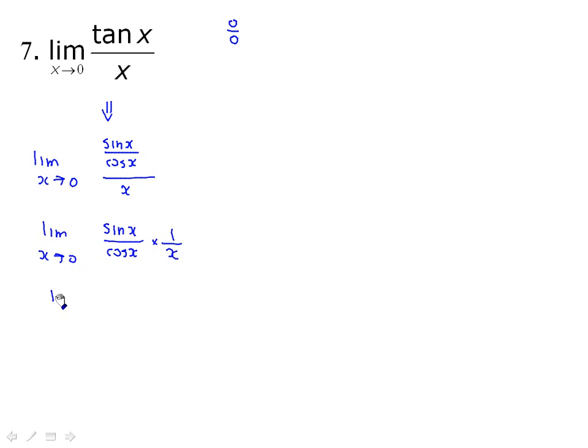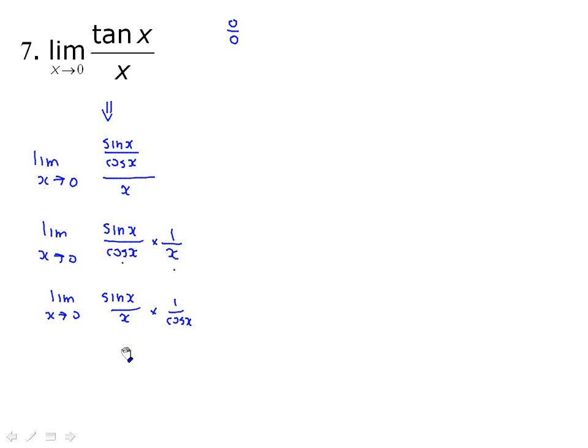And then if you shuffle this, you can write it as sine x over x times 1 over cos x. All I did was take this x and write it there. Same thing, sine x over cos x times x. Just put the x with the sine.